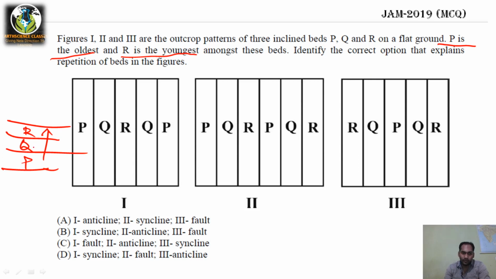Okay, so let's start by folding this bed. Let's plot a diagram. Suppose it will be compressed like this. It will turn into a fold like this, right?